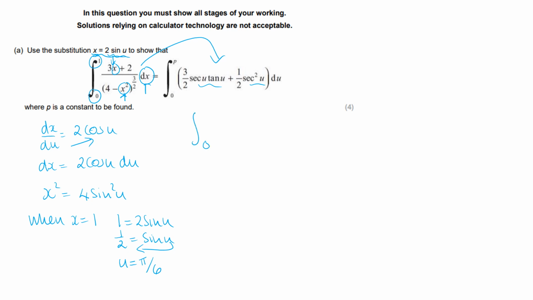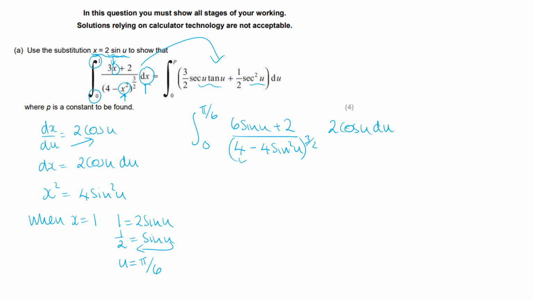We're going from 0 to pi by 6 of 3x. So that will be 6 sine u plus 2 all over 4 minus x squared, which is 4 sine squared u, and that denominator is raised to the 3 over 2, times dx, so that's going to be 2 cos u du.